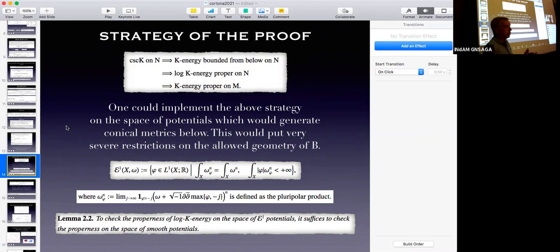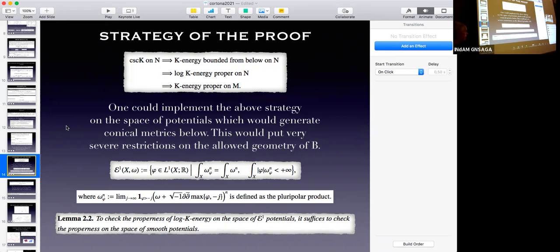If you allow potentials which create conical singularities, or, as we are going to hear very soon, tomorrow, a lot about another, much more recent type of space of potentials, which turns out to be incredibly effective, and which is the one Chen also used in both their regularity and existence approach. This is the space E1. Basically, these are functions of finite energy, with energy in the sense that I wrote here.